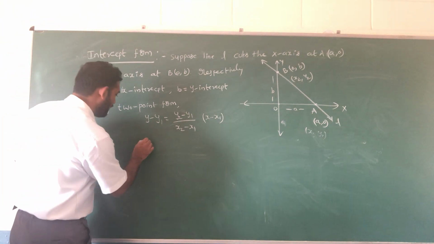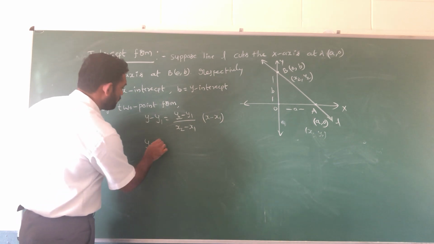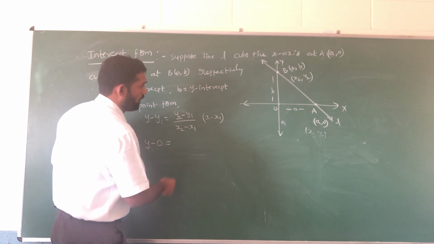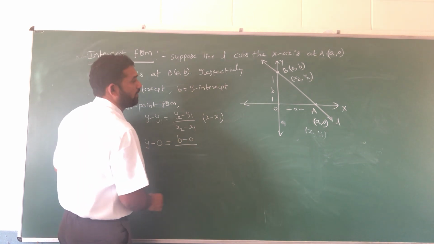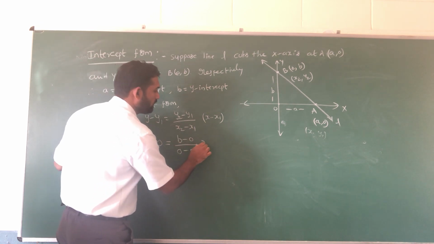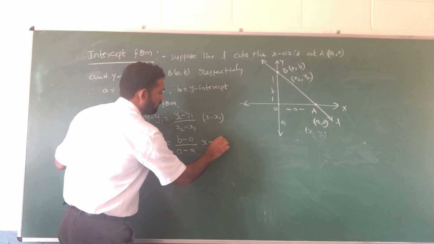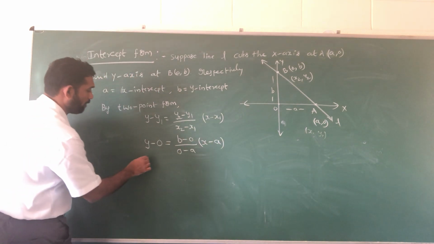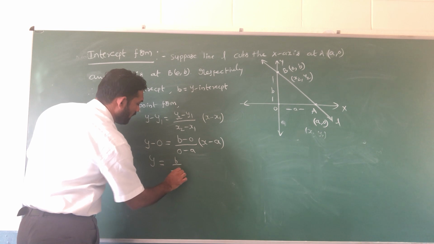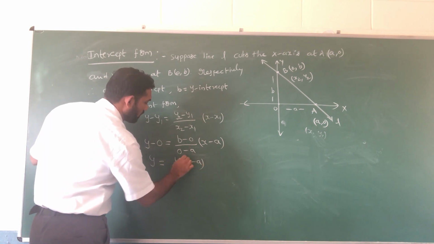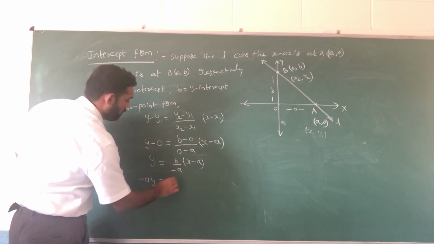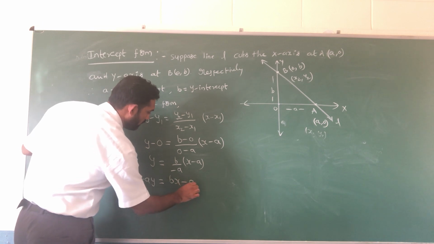So y minus y1 is what? y1 is 0. It is equal to y2 minus y1, b minus 0, divided by x2 minus x1, 0 minus a, into x minus x1, that is x minus a. So substituted. Now simplify. y minus 0 means y. Here remaining b divided by minus a, into x minus a. Again cross multiplied: minus ay equal to bx minus ab.